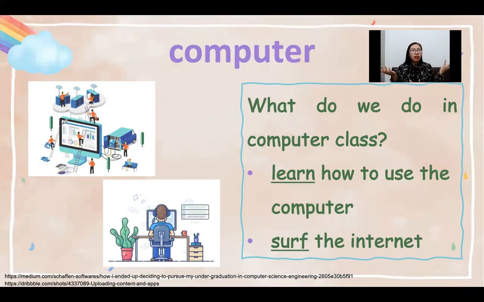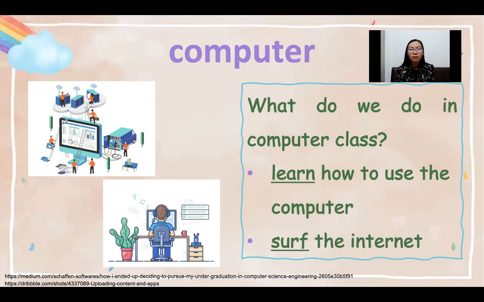Learn how to use the computer, like how? Open, close, open Facebook, open Google. And then surf the internet.